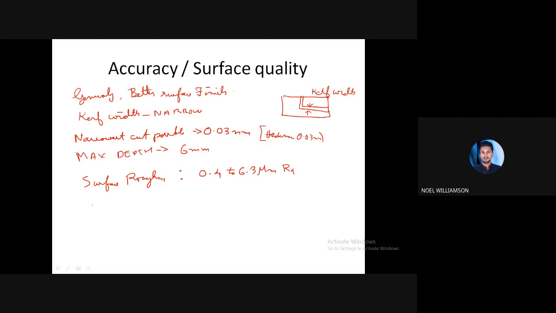And regarding the tolerance range, it is about plus or minus 0.013 to plus or minus 0.125 mm. So this particular range of tolerance is possible through electron beam machining.